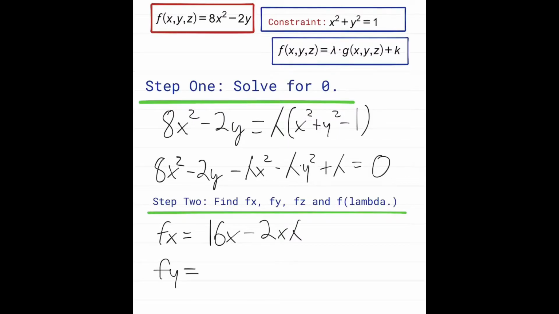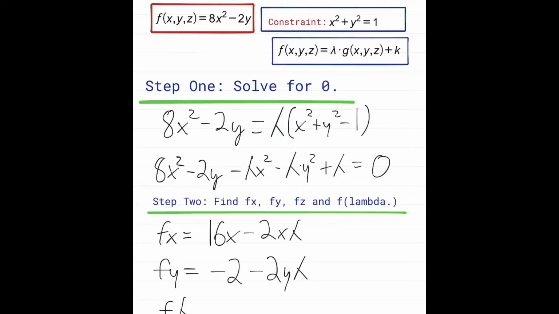Now partial y. We take the derivative of the minus 2y, which is just negative 2. The derivative of 8x squared is 0, and the derivative of all the other terms that don't have y in them is 0. And the derivative of the y term, minus lambda times y squared, is minus 2y times lambda.